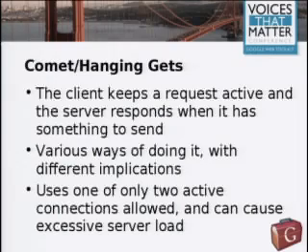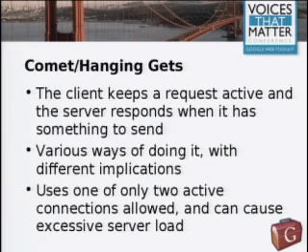For comet and hanging gets, basically the idea is that the client keeps a request open to the server, and then the server responds when it has something to send. So for example, if I do a get on a URL, the server just does nothing on it. It sits with that thread open. When it decides it needs to send something to the client, it goes ahead and responds to that get.